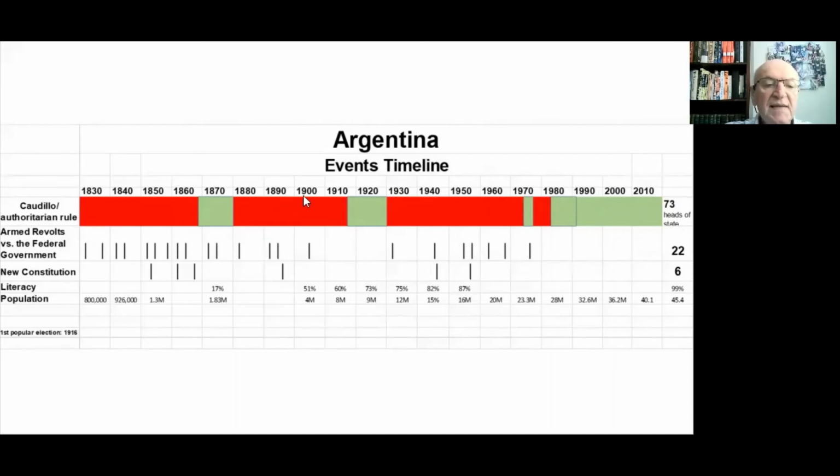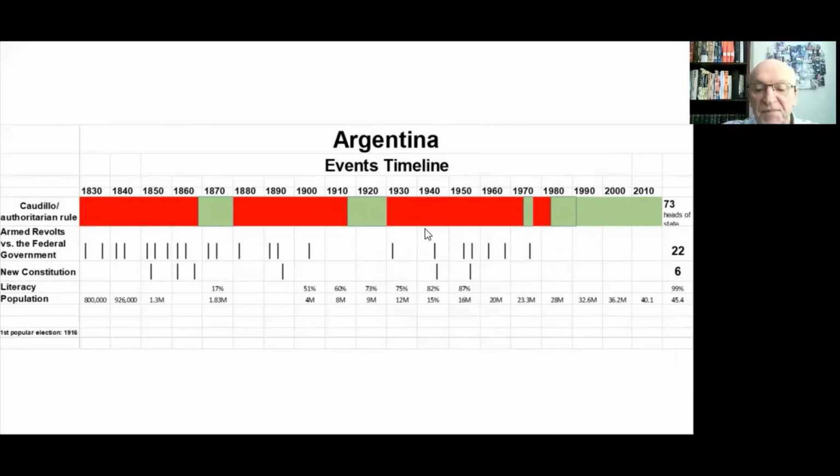In addition to that, Argentina had a program of exports of meats and grains that was very successful. In fact, this whole era between, I don't know, 1870 to about 1940, economically, Argentina was doing relatively well.